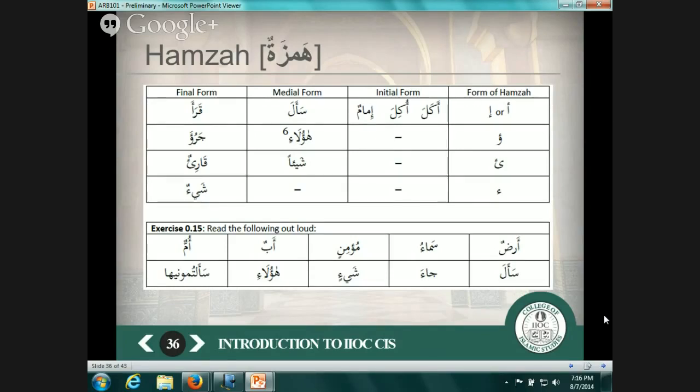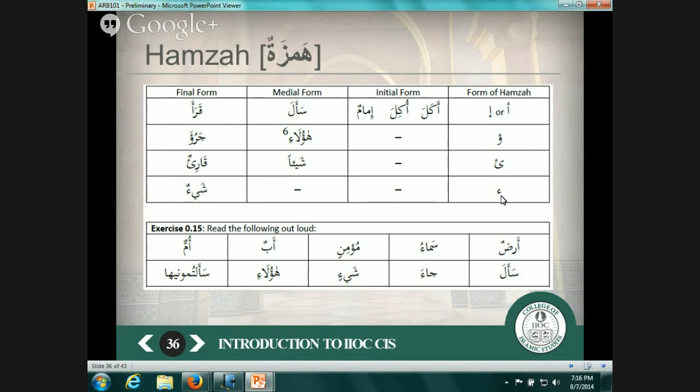All right. So Hamza is a letter, and Hamza is a very interesting letter. It's a very complicated letter. It has a lot of history of how it was introduced. In fact, one of my teachers, either him or one of his friends, wrote his PhD thesis on the letter Hamza and its history and its origins. It shows you how deep the Hamza actually can go. We're not going to cover that much. So what you need to know is that the reason why the letter Hamza is a little bit interesting.